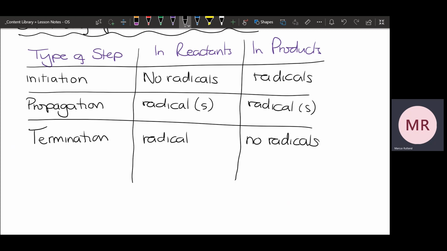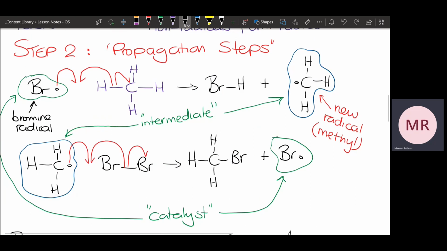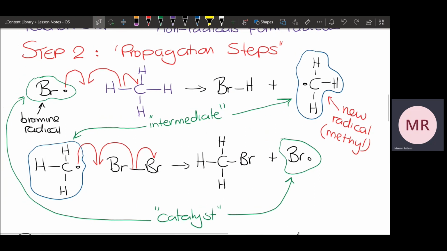And in termination, they're killed off. And those steps can happen pretty randomly. So just note what we've shown here is kind of the main process that does the overall reaction, reacts the alkane with the halogen to make the hydrogen halide and the haloalkane.